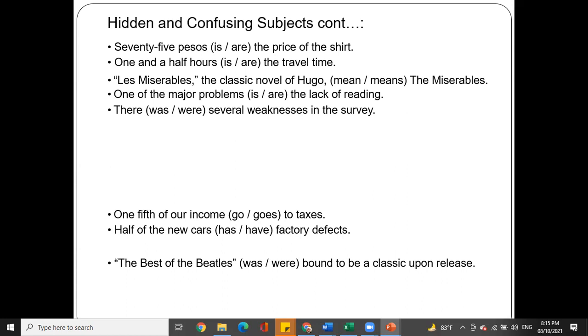There were several weaknesses. So remember, here and there, they are not the subjects. They are just there to fill in a syntactic position occupied by the subject, but the authentic subject is here. There were several weaknesses in the survey.